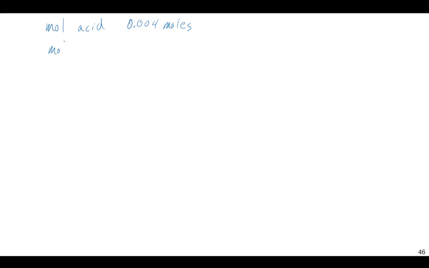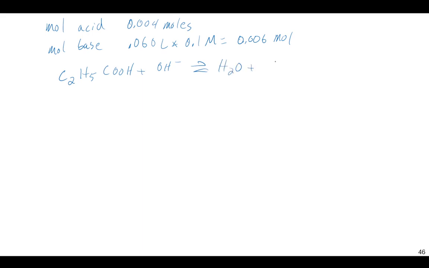Moles base, well, now I'm considering the scenario where I have 60 mL or 0.060 liters times 0.1 molar. So 0.006 moles of base. And I'm still going to have this same sort of reaction that I'm thinking about. The weak acid is getting strong base added to it. It's going to make water plus its conjugate.